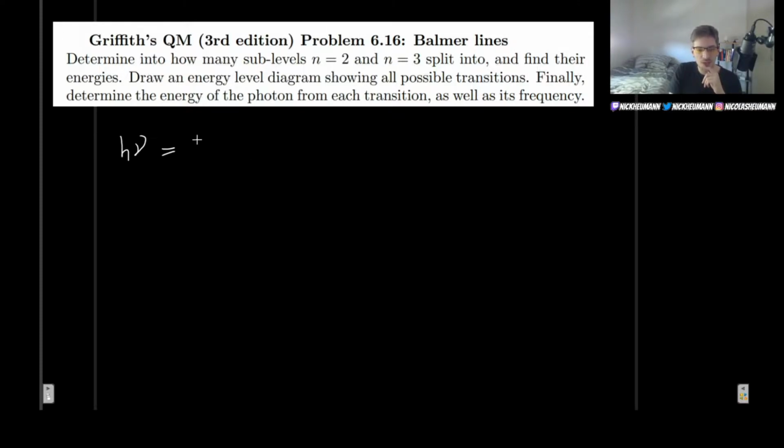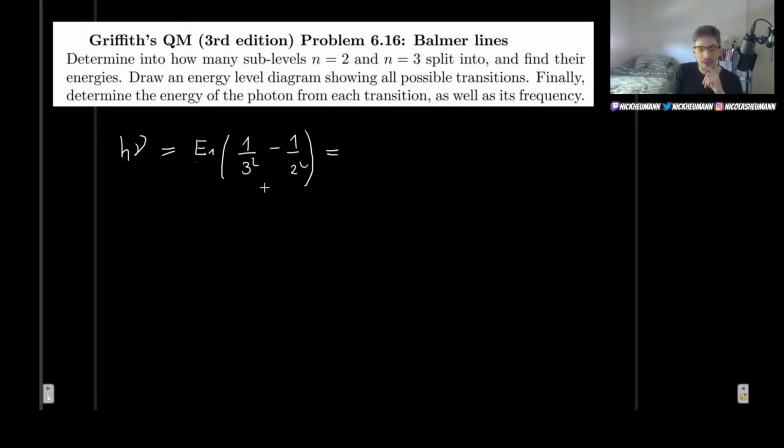And this is going to be equal to the energy of the first level, E1, times 1 over the initial state minus 1 over the final one. In this case, it starts in the third level, so it's going to be 3 squared, it's squared, by the way, sorry. And the final one is 2 squared.